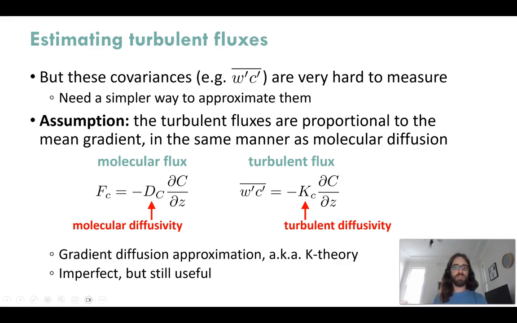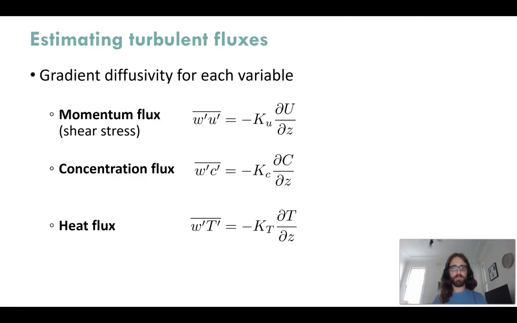This type of assumption is referred to as either a gradient diffusion approximation or K theory. And I'm using the lettering K to indicate the diffusivity constant following the traditions of K theory. There are a lot of limitations and inaccuracies of this assumption, but for the purposes of learning in this particular unit, it can still be useful.